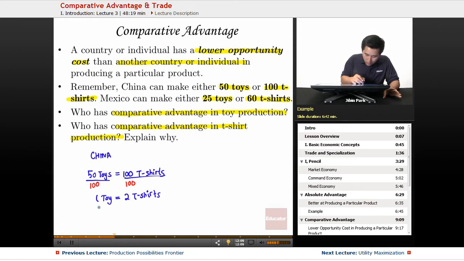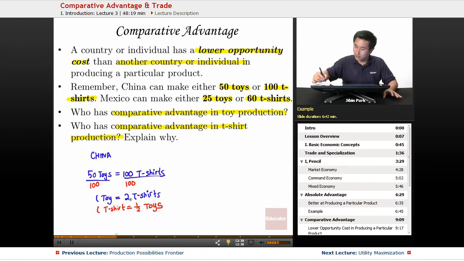And now what you get is one t-shirt equals 1.5 toys. Okay, so what you're seeing right here is one toy equals 2 t-shirts and one t-shirt equals 1.5 toys. So what you want to make sure to understand is that they are the reciprocal of each other. So one t-shirt equals 1.5 toys, one toy equals 2 t-shirts here.